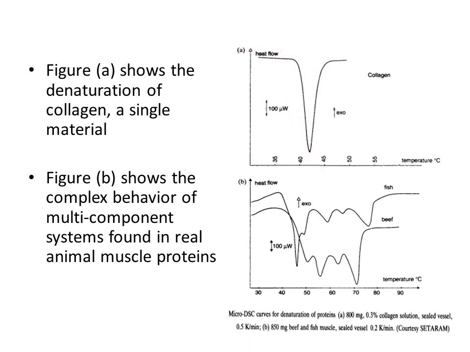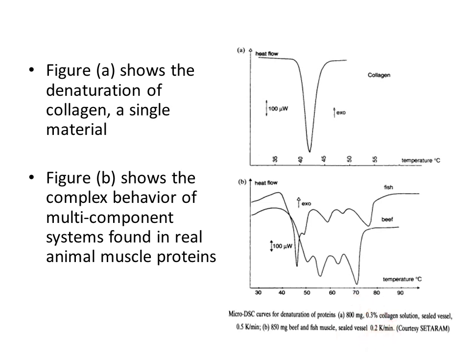While B looks to be a more complex one. What is inside? It contains 850 milligram beef and fish muscle. So this curve is for beef and this one is for fish muscles. These are again in a sealed vessel with a heating rate of 0.2 Kelvin per minute.